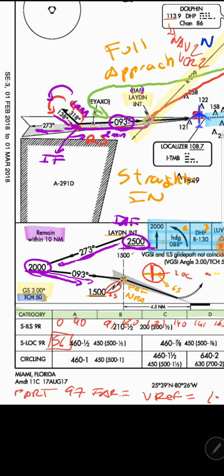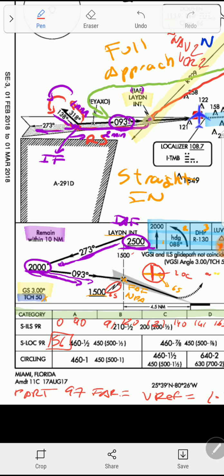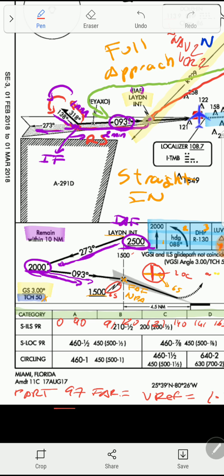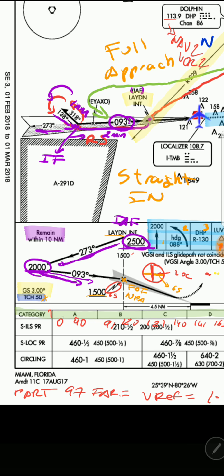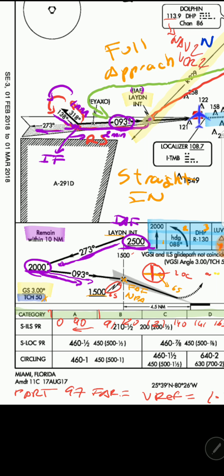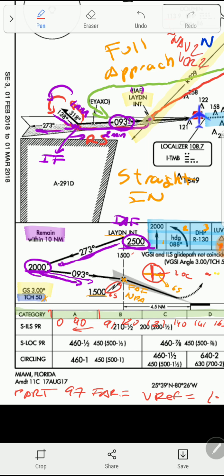Let's put that as an example. Are you going to approach at 56 knots? It's super slow. No. But what we know so far is that because my VREF is 56, we need to keep ourselves within category A, which means that whatever approach speed you use has to be below 90 knots. That's why for protection, we're going to use 80 knots of approach speed. Okay?